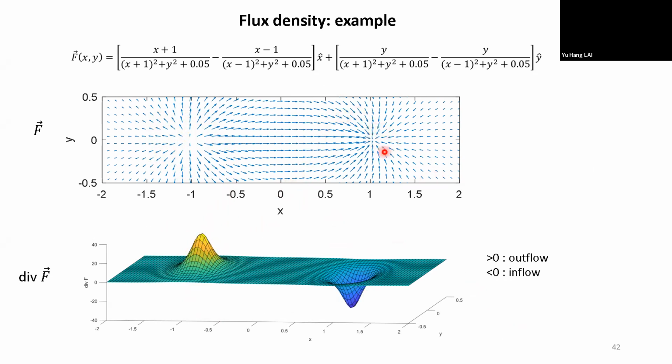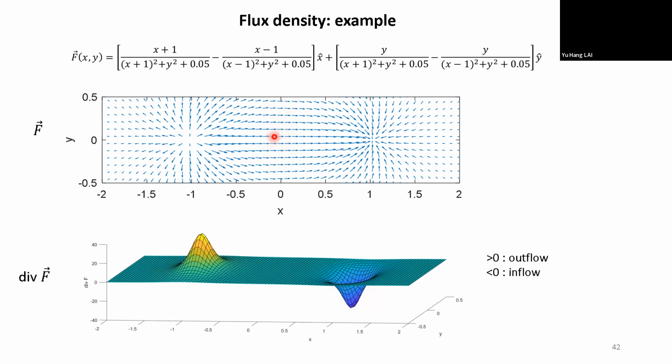If you are close to this point which tries to suck all the vectors into it, then you get negative divergence. So remember, outflow will give you positive flux, but inflow negative flux. Positive, negative.